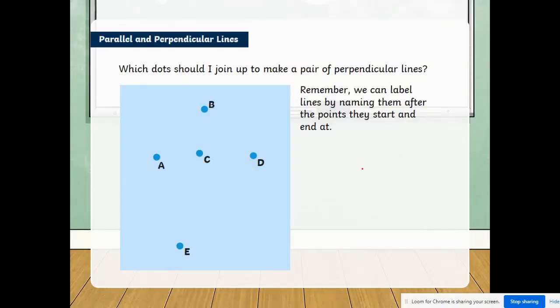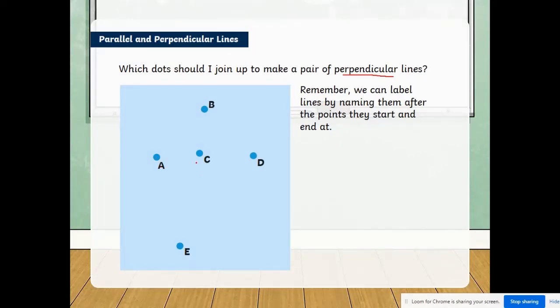All right. Now here is a little challenging question. Which dots should I join up to make a pair of perpendicular lines? Remember, we can label lines by naming them after their points where they start and end. Okay, so basically what this means, if I draw a line from here to here, I can name the line as AC.